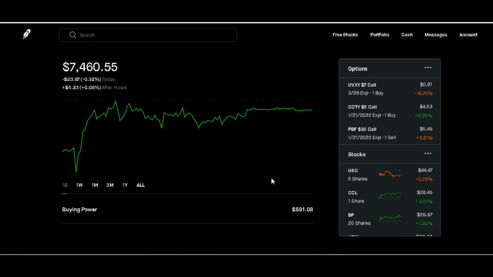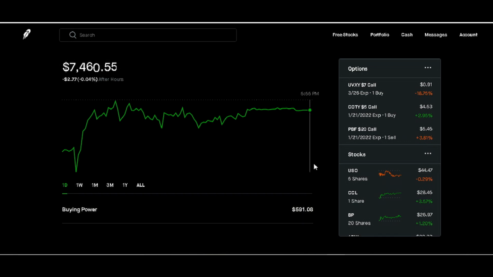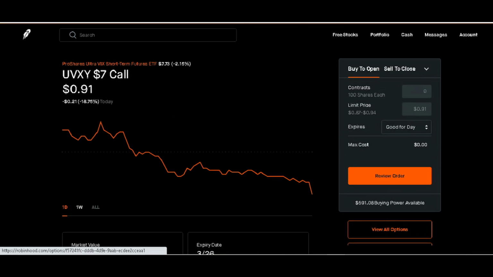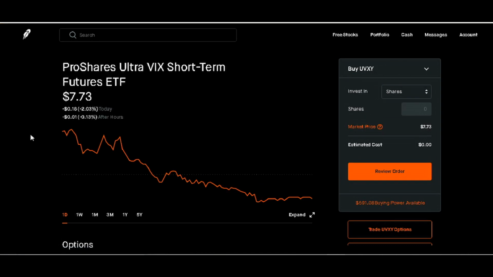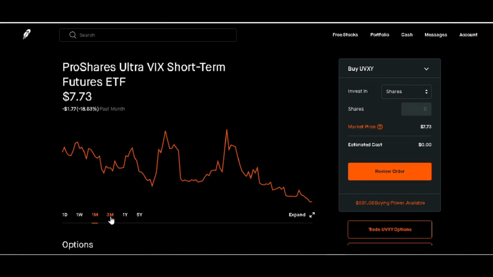And this is why I just decided not to actually buy it, because it's one of those things that could continue to drop down, and I just don't want to be stuck holding something that can continue to go down in value. And as you can see, it has been going down constantly. That's the one day, 1 week, 1 month, 3 months.